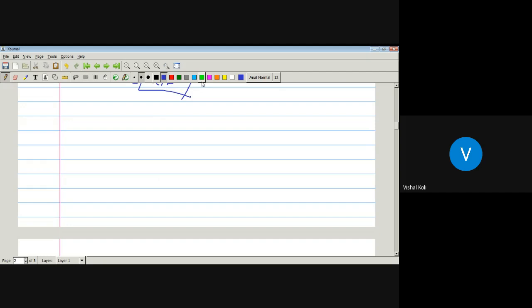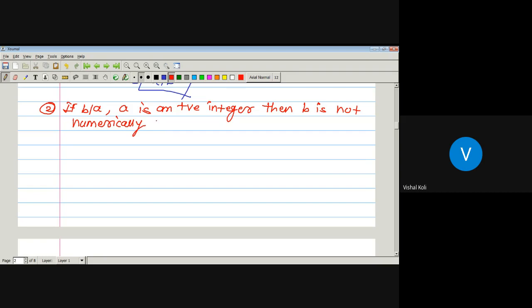Second example. If an integer b divides a and a is a positive integer, then integer b is not numerically greater than integer a.